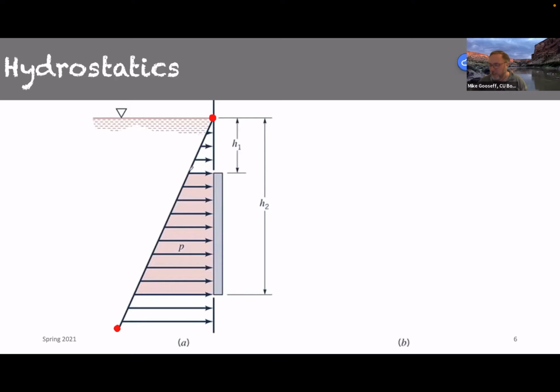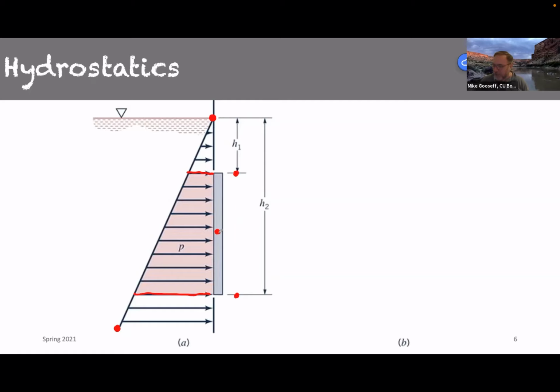And we may only care about this range of pressure right here, from the top of this gate to the bottom of this gate. Okay. And when we are working with a vertical construct like this, we can just look at these two depths, h1 to h2, to figure out that the centroid is going to be the middle of those two, or the average of those two.